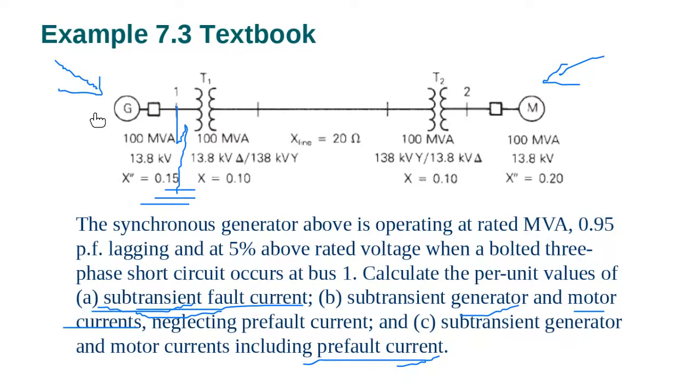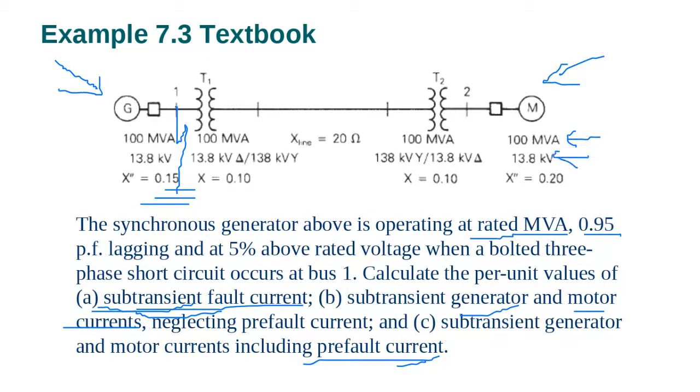You will look at what is given at the load. What is given at the load? So the power factor, operating at rated MVA. Then you will look at the MVA here, and this is S. And also at the voltage.